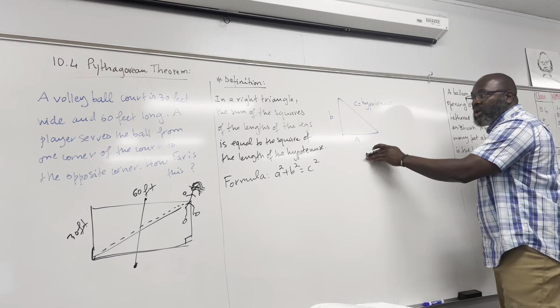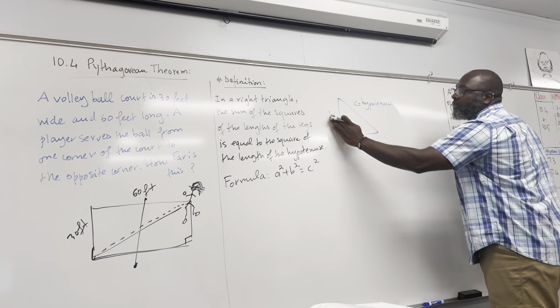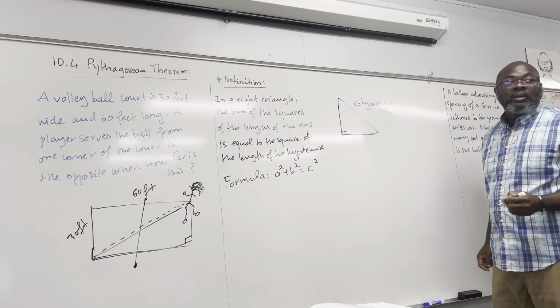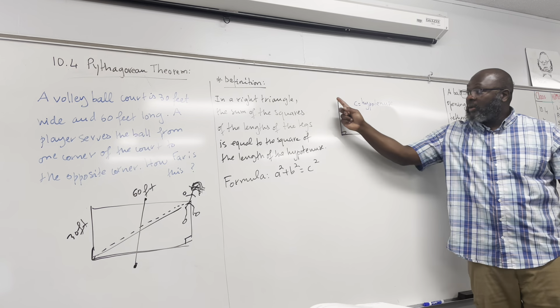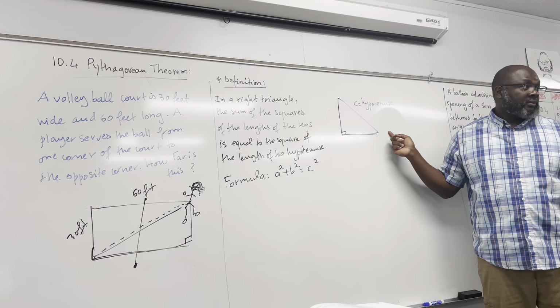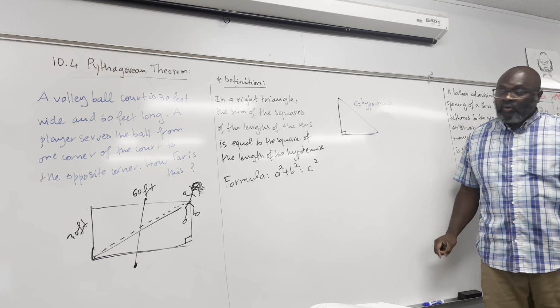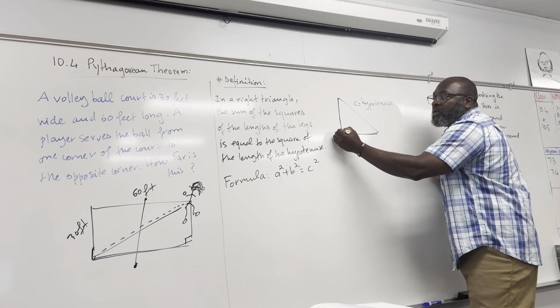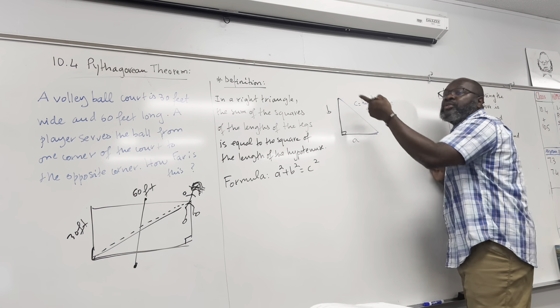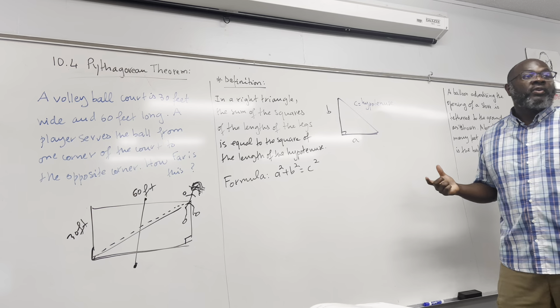So this is a right triangle that I drew. These sides are called the legs, and this is called the hypotenuse. In any given triangle, the sides that form the right angle are always going to be the legs. You can call this one B, and this is A. The hypotenuse, we always use the letter C for the hypotenuse.